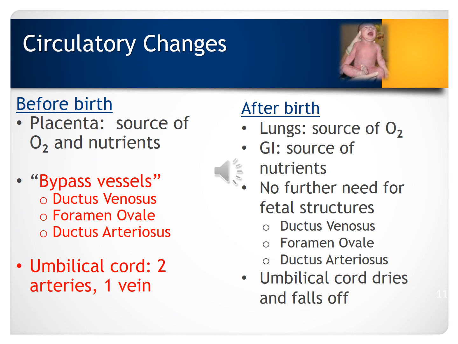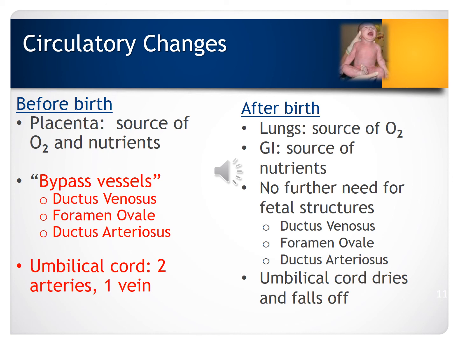Now, also a part of this immediate adaptation to life outside of the uterus are circulatory changes. Before birth, the placenta is the main source of oxygen and nutrients, and the fetal circulatory system is far different than the newborn circulatory system, which is what we are more familiar with, the way the heart functions.